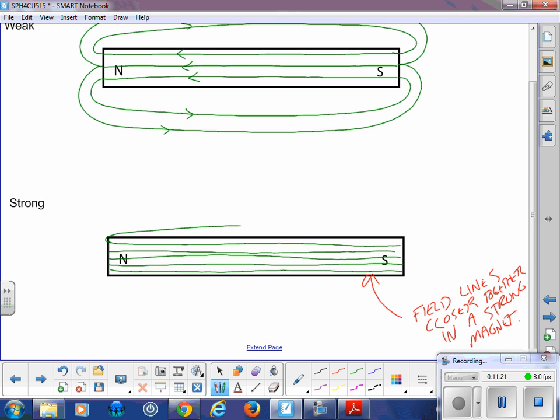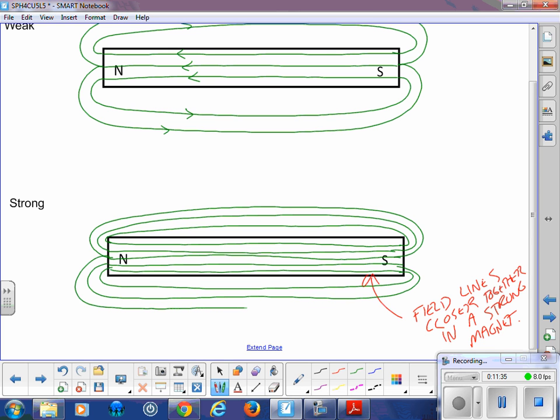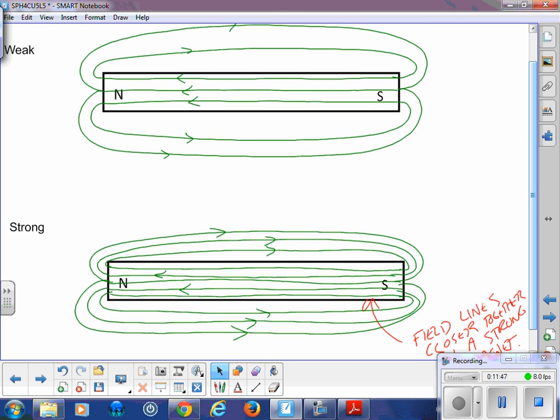So I'm going to tighten these lines up, keep them closer together to indicate the strength of the magnet. I'll go the other direction, and split that middle line off. So again, moving south to north inside, north to south outside. And there is your difference between how you represent a weak magnet and a strong magnet. Those lines are much more compressed in a strong magnet.